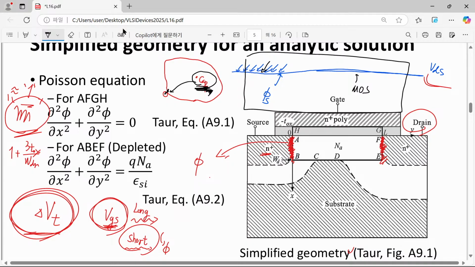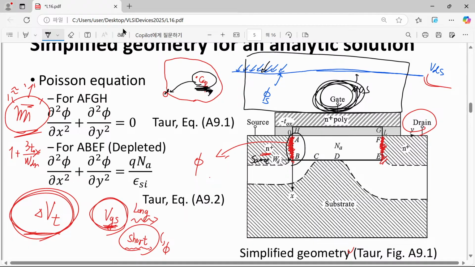Basically, this channel should ideally be governed by this gate. So even though this AB line is quite close to the source, ideally what we wanted is that this AB line is still governed by the gate voltage.